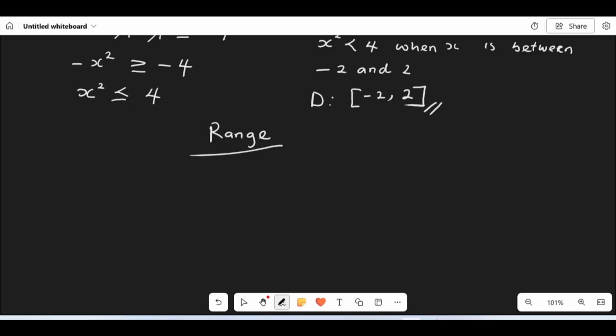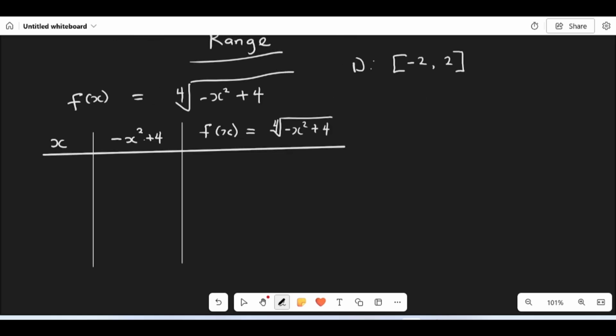We will analyze f of x equals the fourth root of minus x squared plus 4. Try a few values of x within the domain.